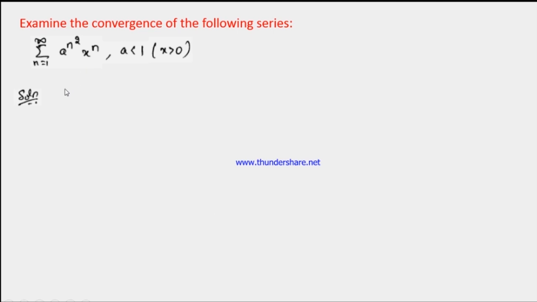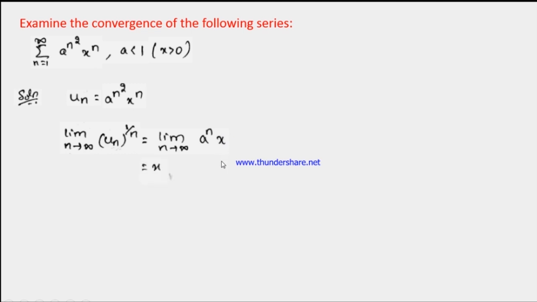Now have a look at this one. Even in this case, the nth term is given readily. So our u_n is a^n squared x power n. Now consider limit n tends to infinity u_n power 1 by n. That gives, here the 1/n cancels, here also the 1/n cancels. Now x is just a constant for us.